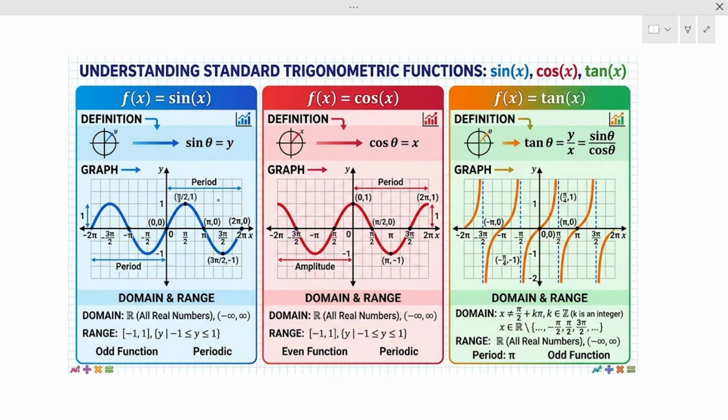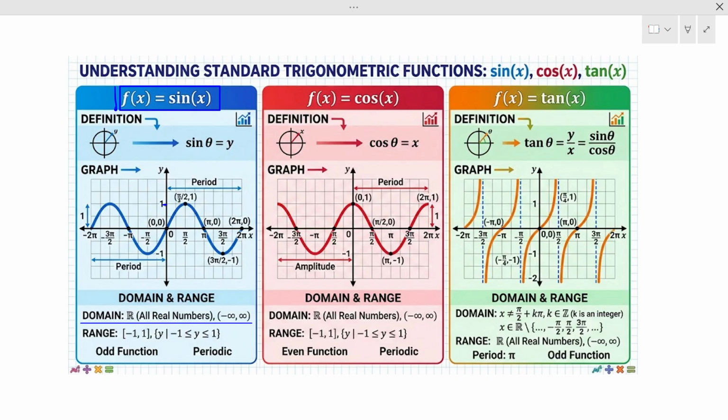If f of x equals sin x, what does the domain mean? Domain means the possible inputs. What can be the possible inputs? As we can see from the graph, all the real numbers are its input. So the domain will be the set of all real numbers. What will be the range?